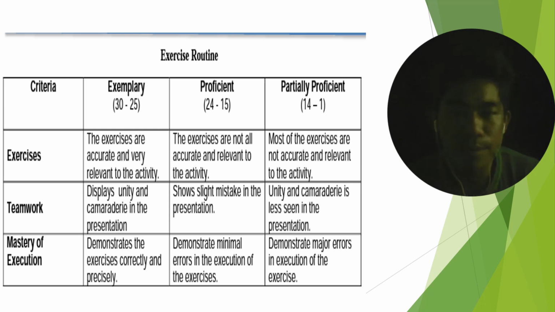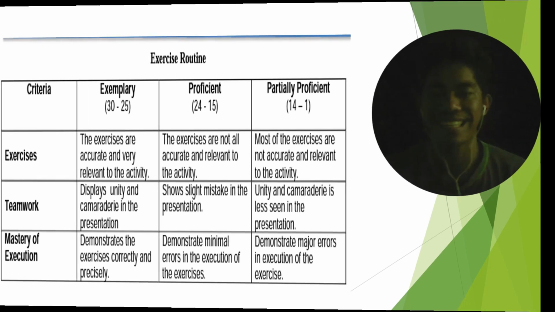Lastly, for partially proficient, most of the exercises are not accurate and relevant to the activity. That's why you need to think about what activity you must do. Then, there's no need for teamwork or mastery of execution, since this is not a group activity; this is an individual activity.